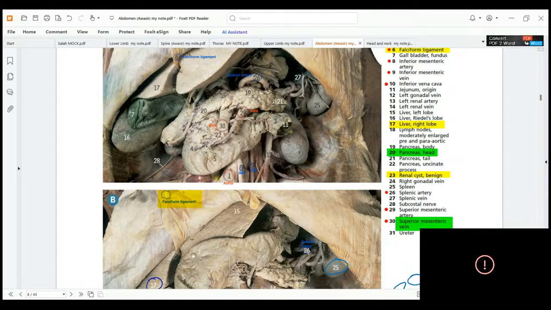Then 20 is head, 19 body, and 21 is tail. 19 is the body. So 20 is head of the pancreas.